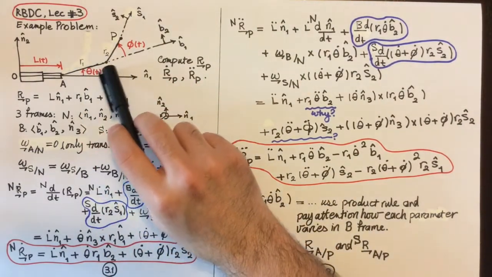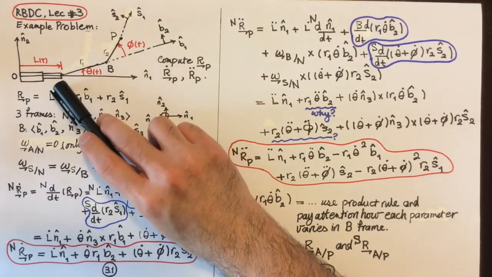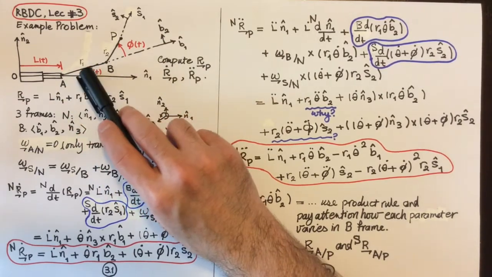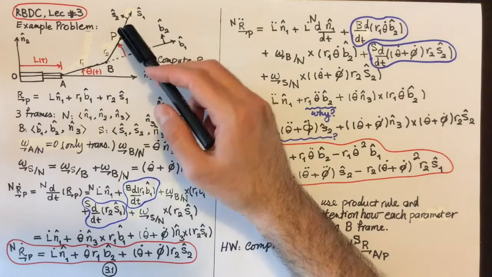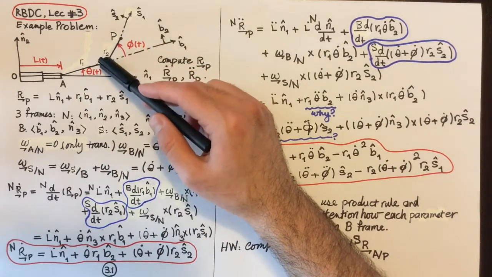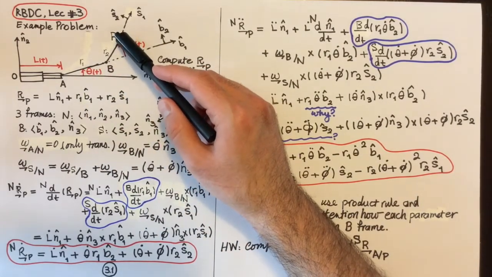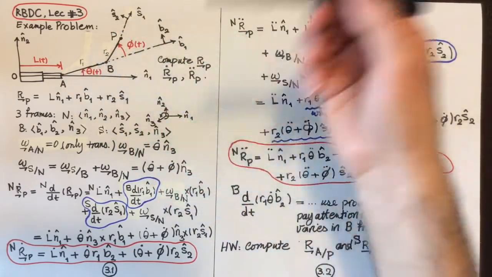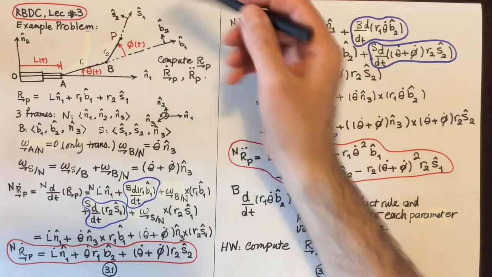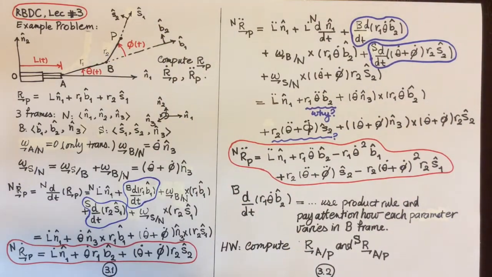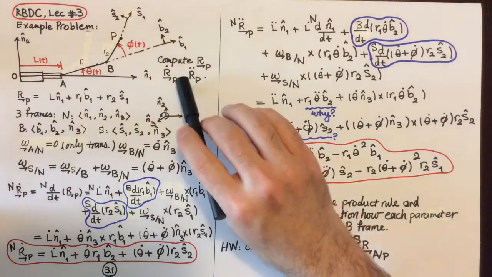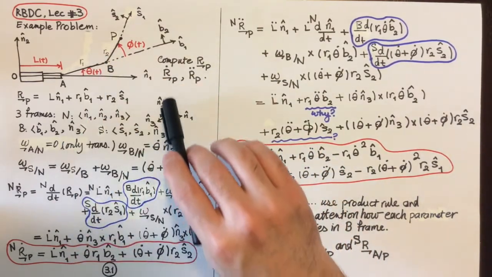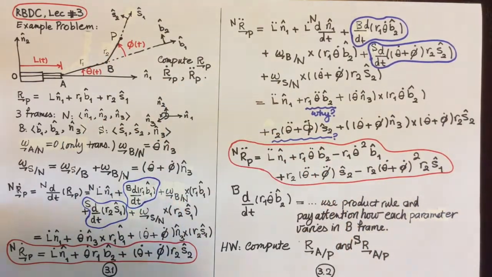The point B is on this link or this arm R1, and then point P is on this link. The length of the first link is R1, and the length of the second link is R2. We are being asked to compute R, where P is the endpoint, and then R dot and R double dot.